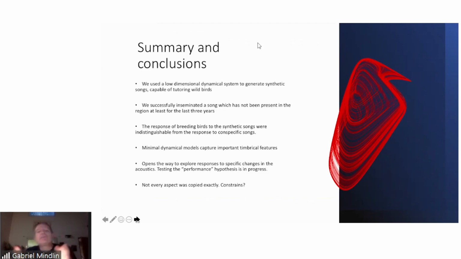So we can introduce in the field a set of questions which are interesting. And one of the last aspects, which I think is very interesting, is that even if we have a copy, the copy is not exact, and whether these constraints inform us on the neural restrictions and conditions that cannot be learned is also an interesting question.